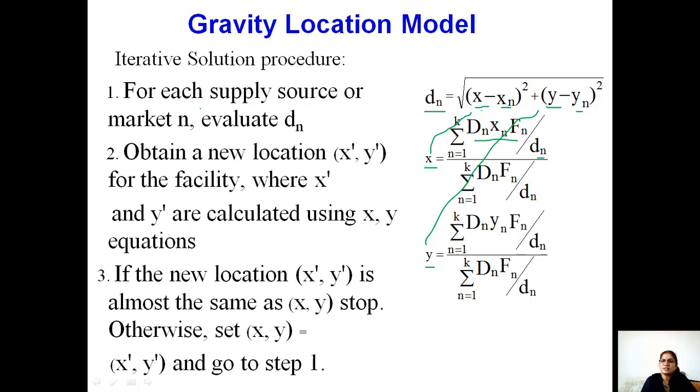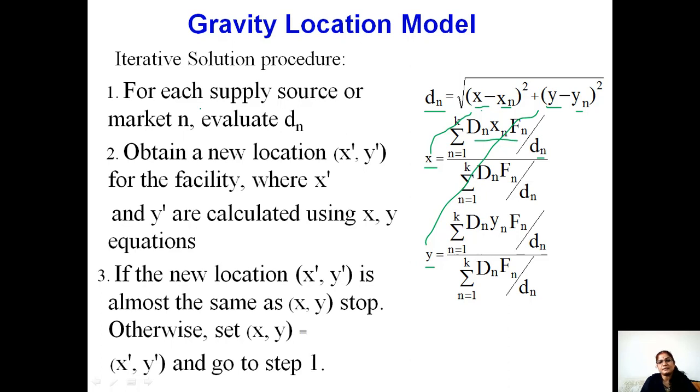Once we calculated x dash and y dash, they become xy for the second iteration. Once again, in the second iteration, all the calculations will be done. That is small dn and then x and y. Let me call those values as x dash y dash for second iteration. And x dash y dash values calculated in the second iteration will become xy values for third iteration.